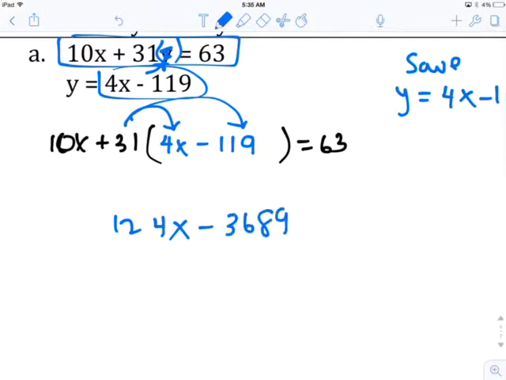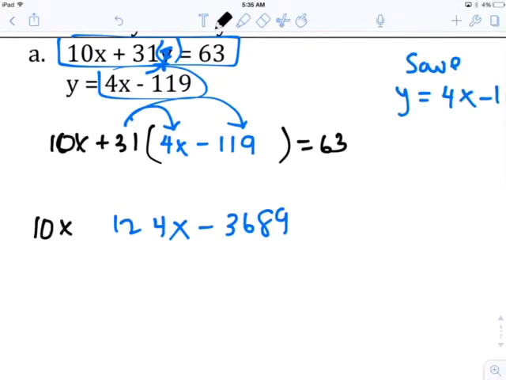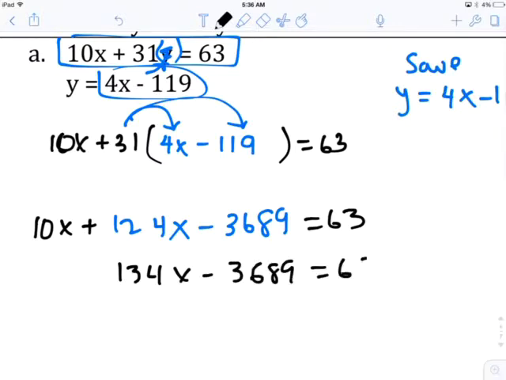And then we have the 10x left. So 134x minus 3,689 equals 63.